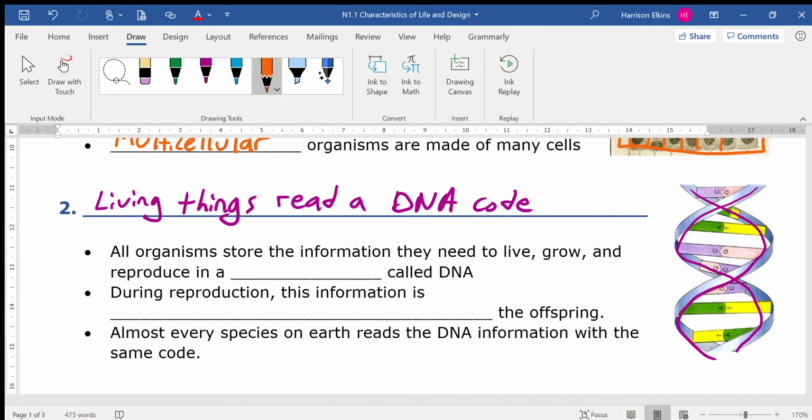It stores information that covers basically how to grow, how to live, how to reproduce, how to look. Everything that is being done inside of an organism usually goes back to how that organism reads DNA and the code that the DNA has.